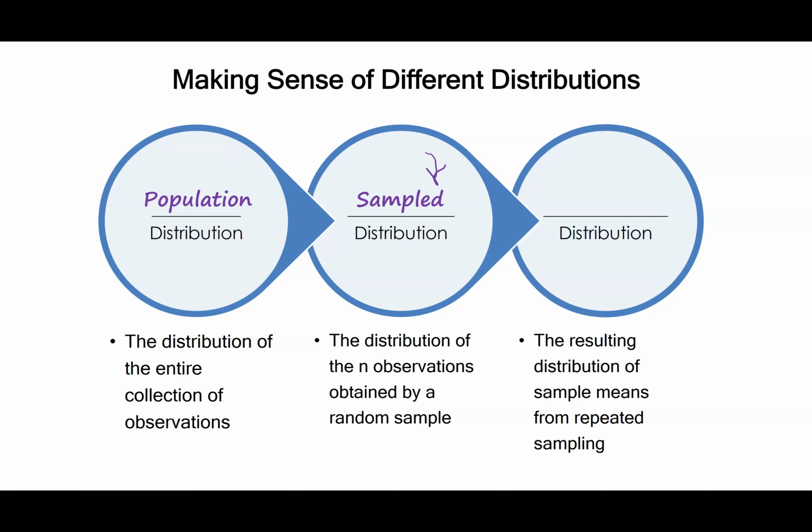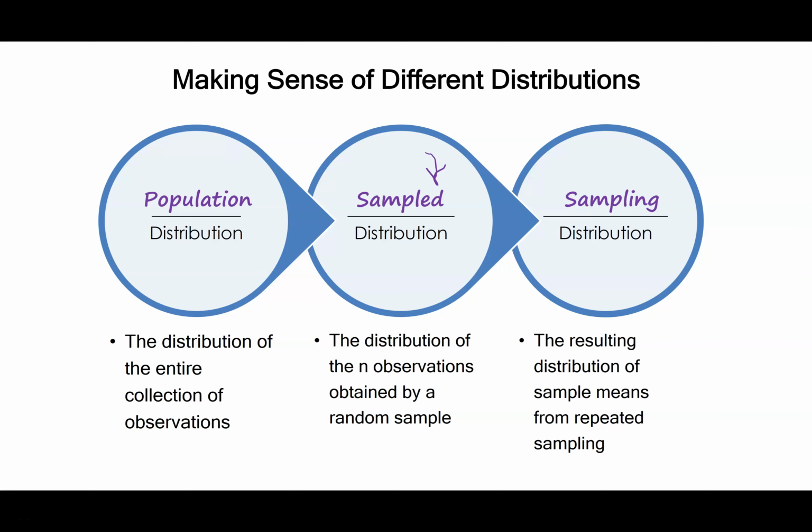And the idea now is if I were to repeatedly sample and just record the sample mean and only plot the sample means, that's my sampling distribution. So sampled is the actual sample itself. Sampling is saying, hey, if I were to repeatedly take samples of the same size, take the sample mean from each one, so I have all the unique sample means from all the unique samples I could take of whatever size, that's my sampling distribution.